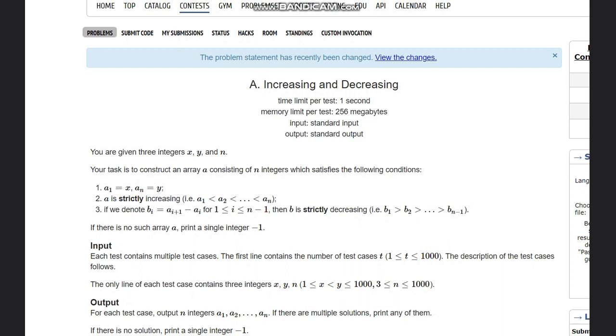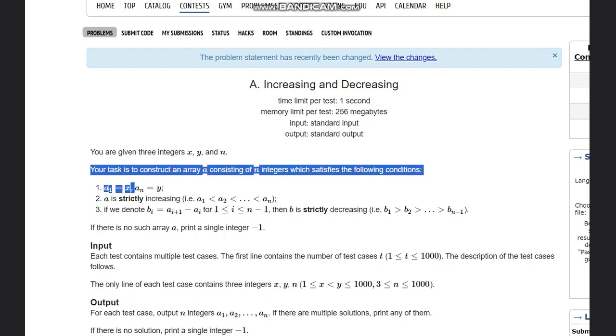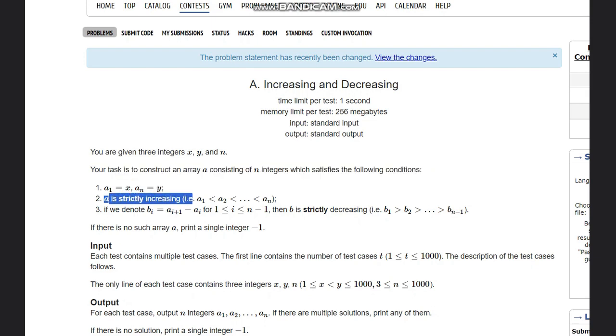So here we are discussing the question Increasing and Decreasing on Codeforces. The question states that you are given three integers x, y and n. The task is to construct an array A of n integers which satisfies the following conditions: a1 equal to x, an equal to y, and A is strictly increasing, that is a1 is less than a2 and so on till an.